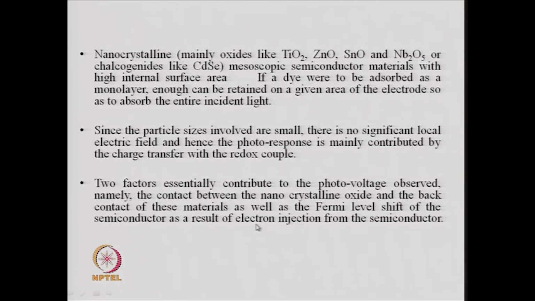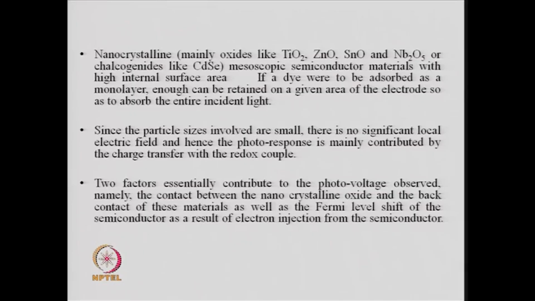Two essential factors contribute to the voltage developed, because when you shine light on a semiconductor, you will have a voltage which is developed, and there are two important factors. One is the contact between the nanocrystalline oxide and the back contact, that is, you have to attach a wire through which the current will flow. So, this contact is called the back contact, which has an interface with your semiconductor.